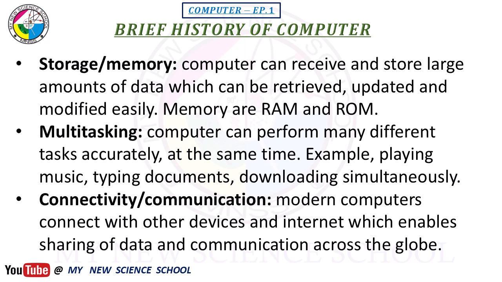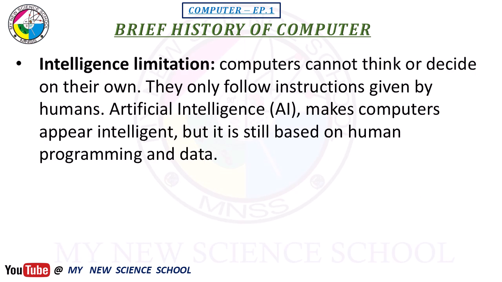Then the next on the list is intelligence limitation. So a computer, yes, of course it is intelligent, but there is a limitation. A computer cannot think or decide on its own. So it will not start something on its own. It needs you to give it instruction. That means computers have a limit of intelligence. They cannot think on their own, and they cannot act on their own.